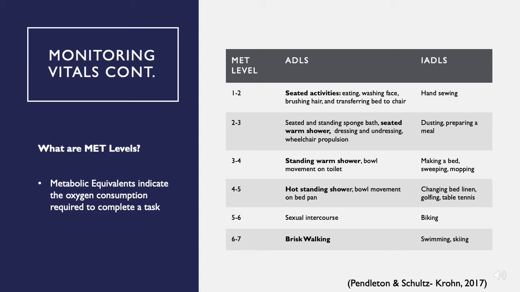Then 5 to 6, sexual intercourse, biking, so definitely activities that require way more oxygen than those seated activities. And 6 to 7, walking with braces and crutches, also a brisk walk, and IADLs of swimming and skiing.